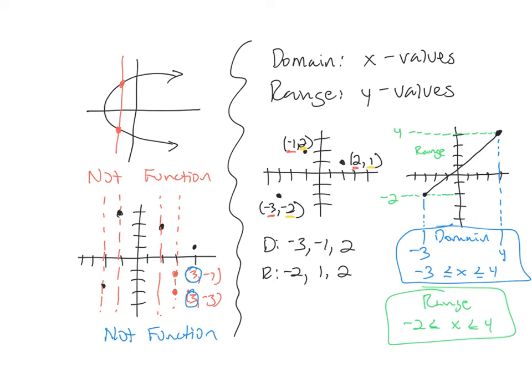Alright, so you'll have a couple graphs where it's just points, and you'll have a couple graphs where it's continuous. So try to do, where does it start and stop farthest to the left and farthest to the right? That'll be your domain. And then where does it start and stop from top to bottom? That'll be your range.